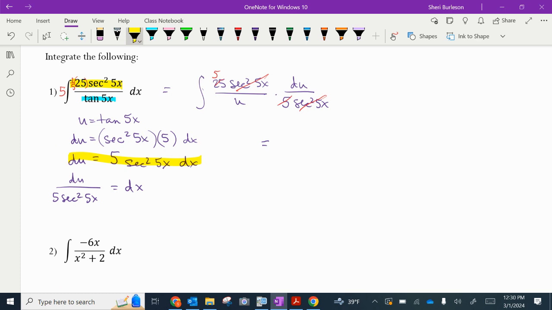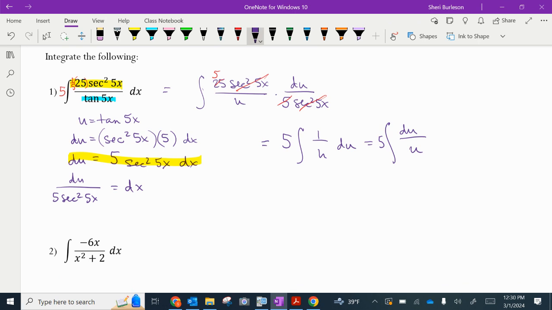And either way, what we end up with is 5 times the integral of 1 over u du, or I could write this as du over u. Both of those say the same thing, right? If you're given a problem like this and it drives you crazy because you have a hard time seeing that it's the du at the end, then rewrite it as 1 over u.